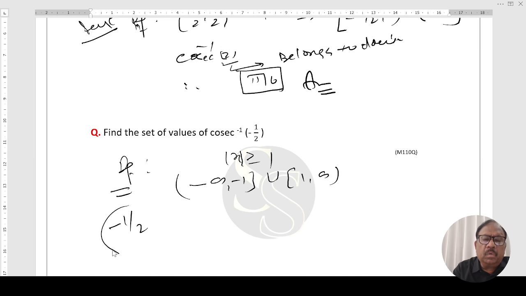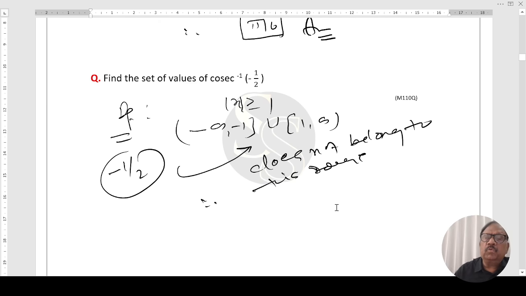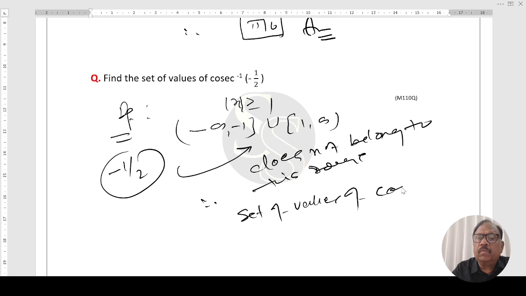Minus 1 by 2 does not belong to this domain. Therefore, the set of values of cosec inverse of minus 1 by 2 will be the null set.